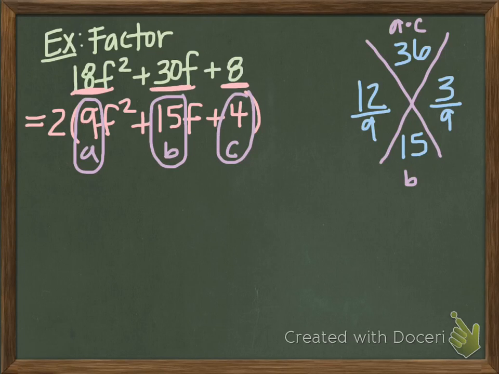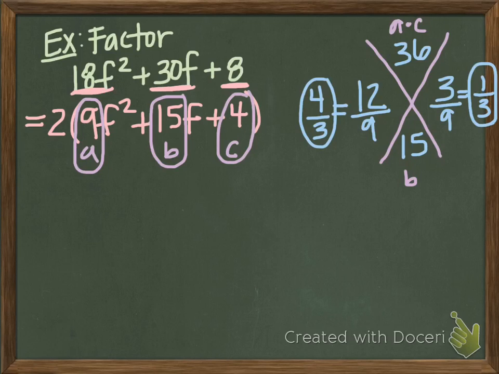So 3 divided by 9 is 1/3. That's what it simplifies to. And 12 divided by 9 simplifies to 4/3. Okay, so this is the first time we have fractions, so I'm going to show you what's going to happen in just a minute. Step 6, we're going to set up our binomials.